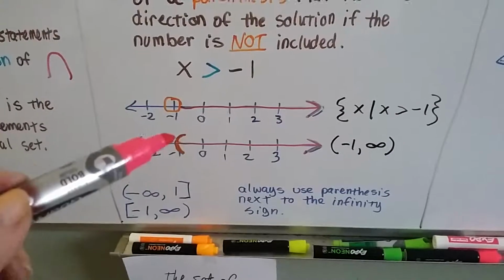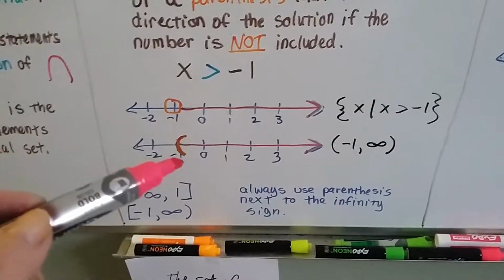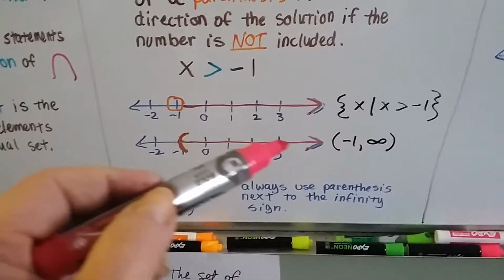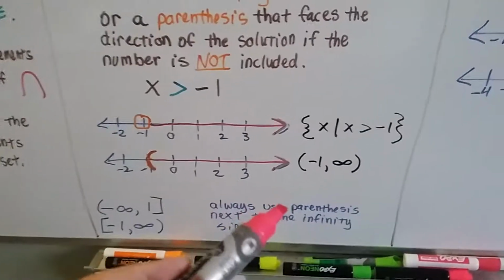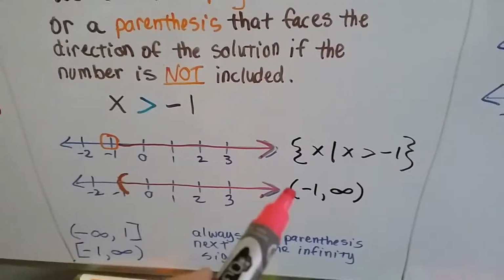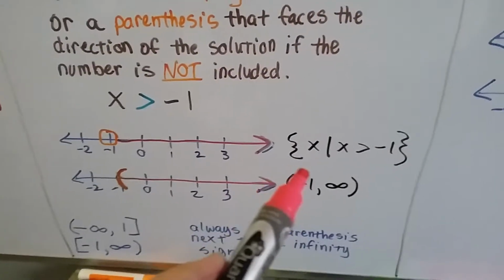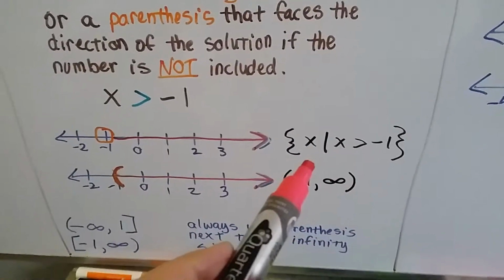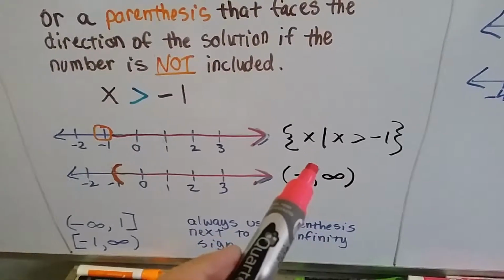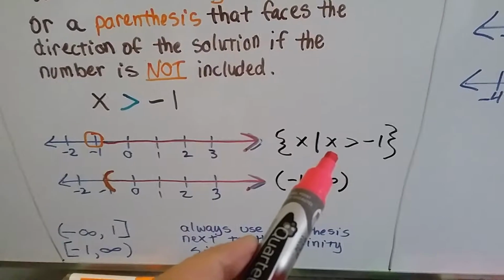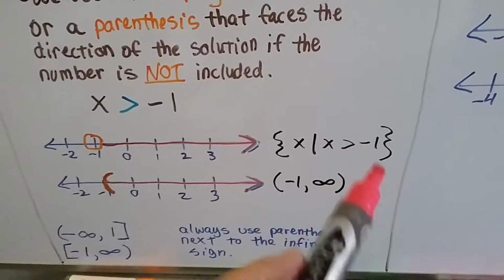For interval notation, we put a parenthesis facing the direction of the solution. And when we write it as a solution, we can say in these set braces, the set of all x such that x is greater than negative 1.